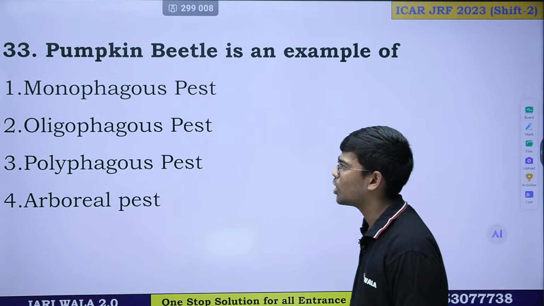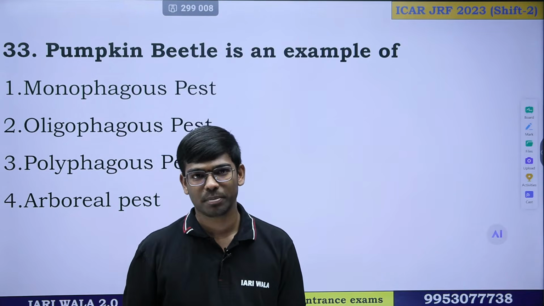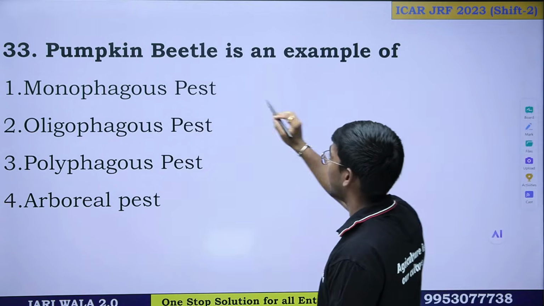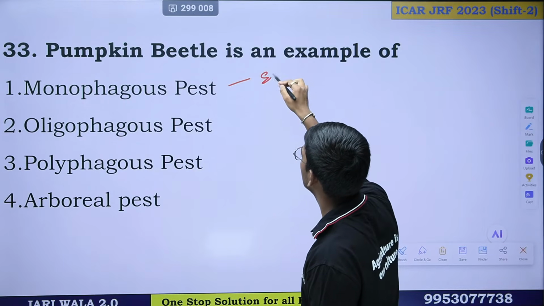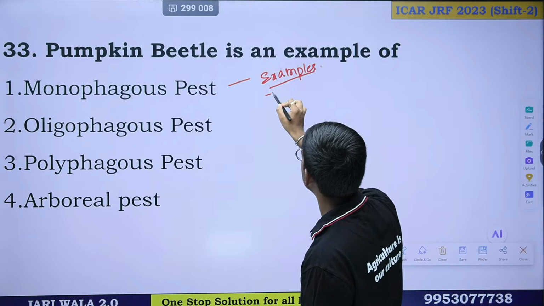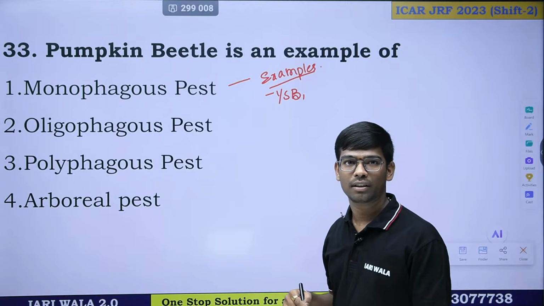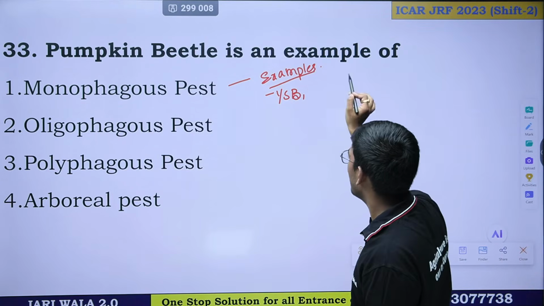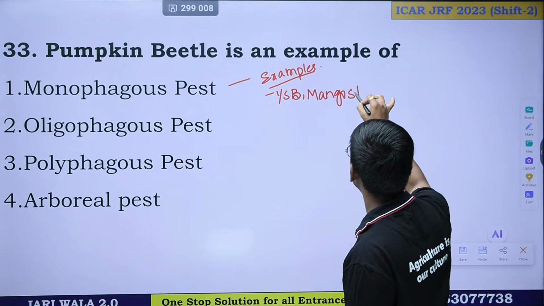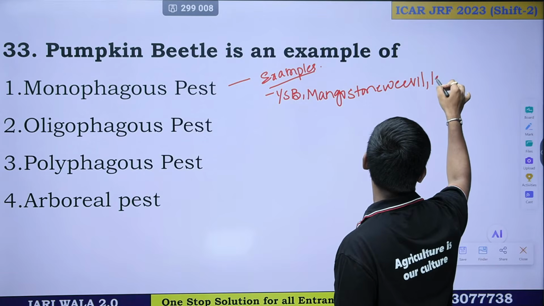Here the topic of monophagous pests came. If we could list out some examples of monophagous pests, starting with YSB, that is yellow stem borer. Then in mango we have the mango nut weevil or stone weevil, and mango leaf hoppers.